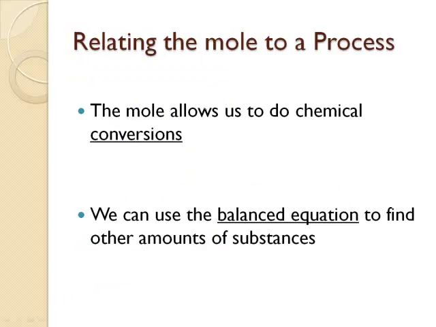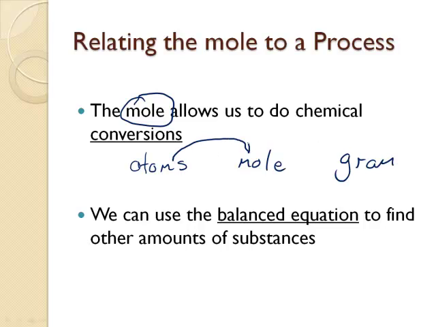The first thing you do is see how moles relate to the whole overall process. So we know a mole allows us to do chemical conversions. Remember we had our chart: we had atoms, we had moles, and we had grams, and we could interconvert between them by multiplying and dividing.